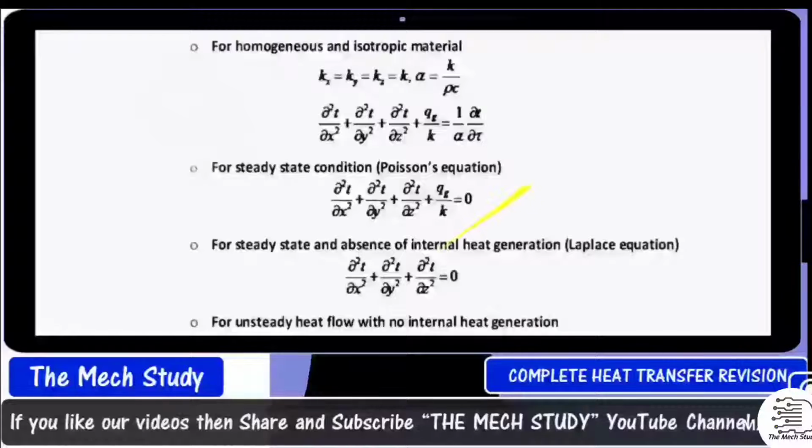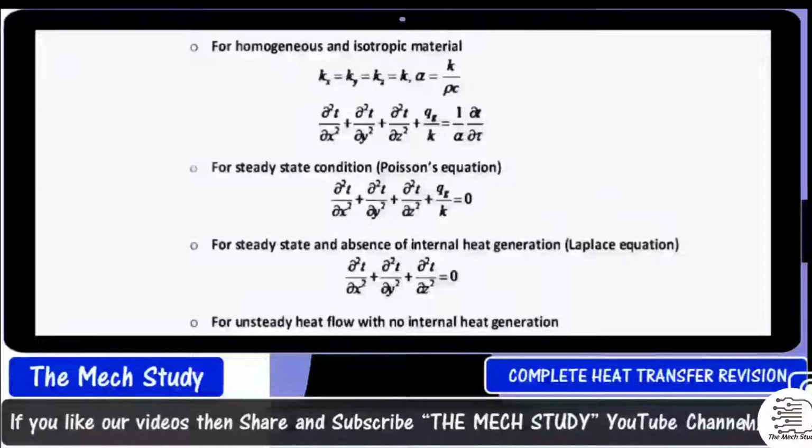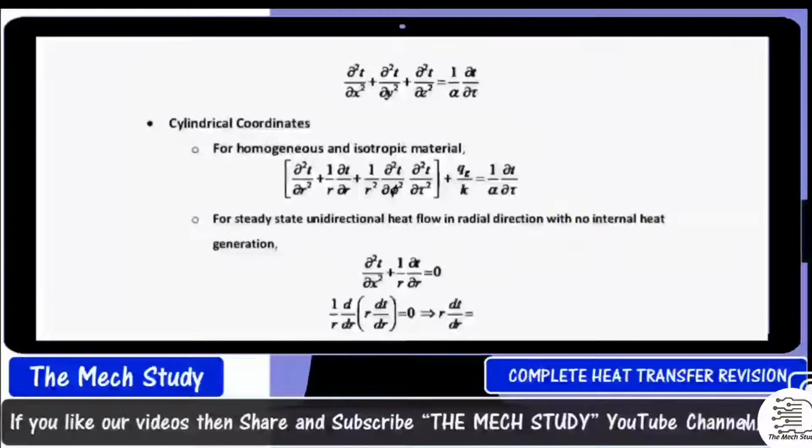Like in that case, the time dependent phenomenon is not there. For the steady state Poisson's equation, either the steady state or the internal heat generation terms are 0, and in each and every case a few of the terms are 0. Just remember which case is applicable for which equation, like Laplace equation and Poisson's equation. In a question it directly asks which equation is applicable, so you need to consider the 4 options carefully while selecting the option.